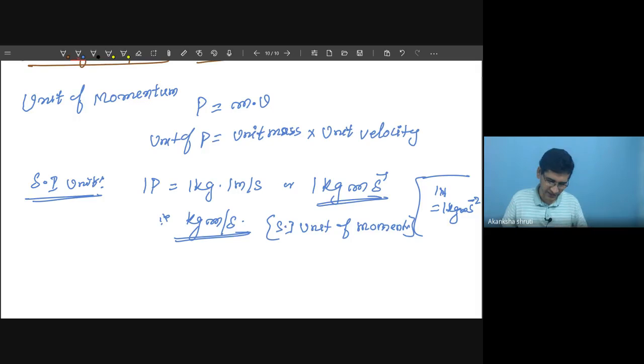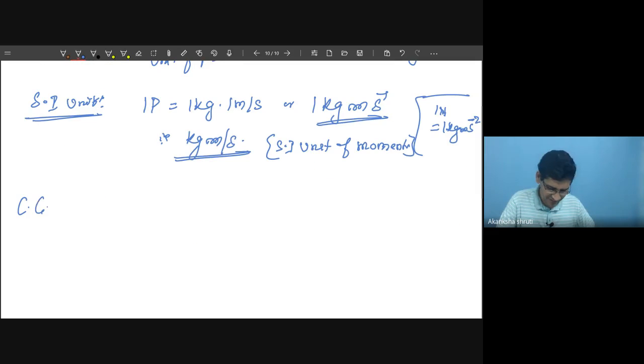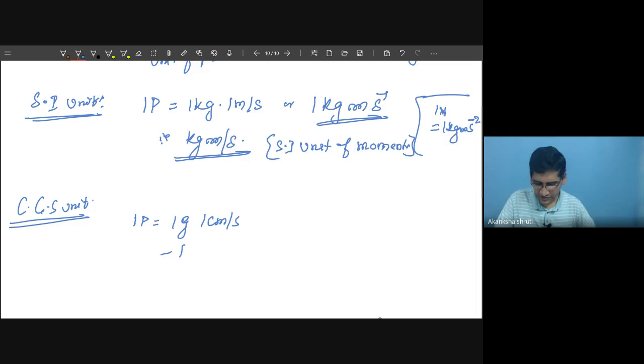If we consider the CGS unit, we have discussed SI and CGS units in detail in our first chapter. The momentum unit is given by 1 gram and 1 centimeter per second, so it is 1 gram centimeter per second, or gram centimeter with second to the power -1.